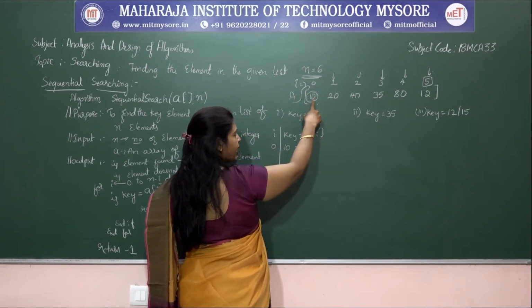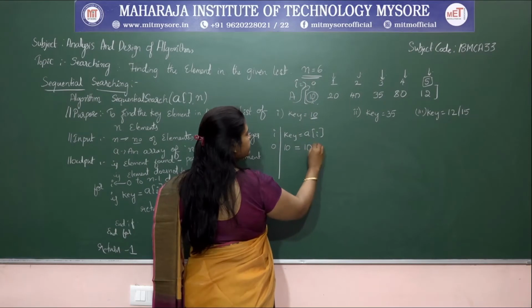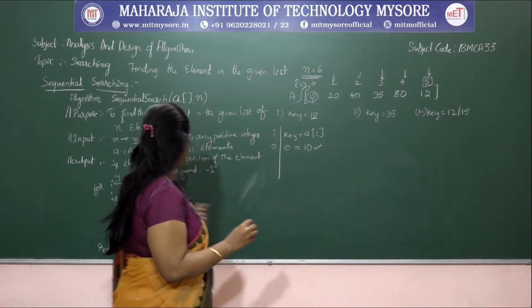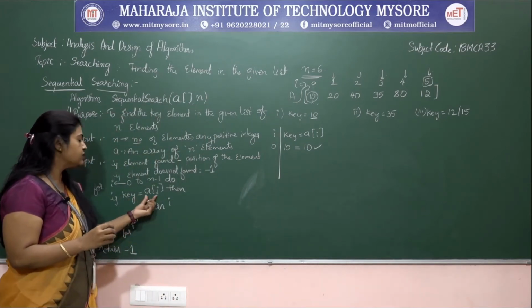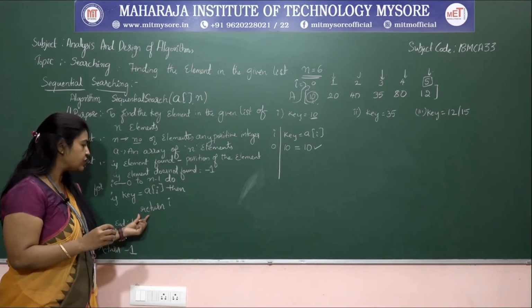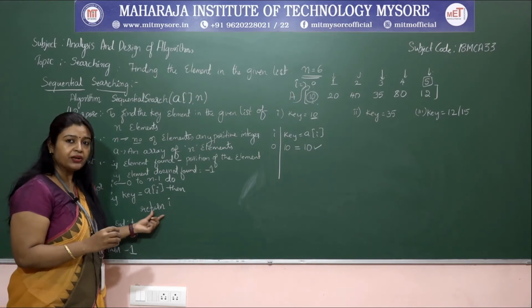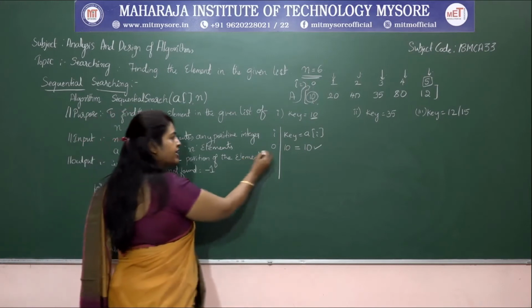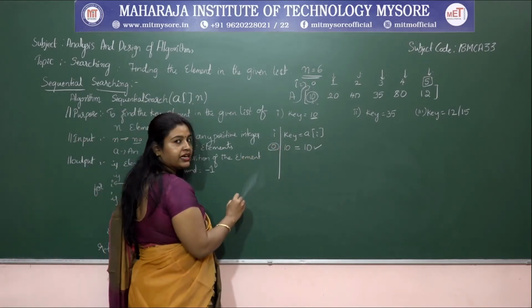In the 0th position we have 10. So that is 10 is equal to 10. This is true. If it is true, what is the action? If key element is equal to A of I, then what is the action? Return I. So that means the key element is found in position I. What is I? The 0th position itself.